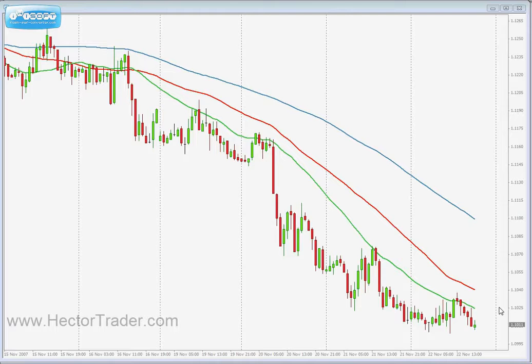I was just mentioning how the dynamic area of support and resistance is the area between the 30 and the 50. Well, that's not totally accurate. It's the area between the 30 and the 50 in trending markets, and only in trending markets.